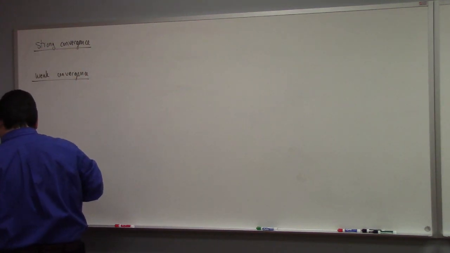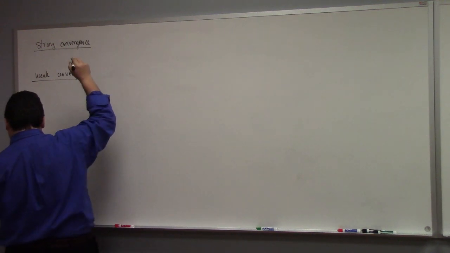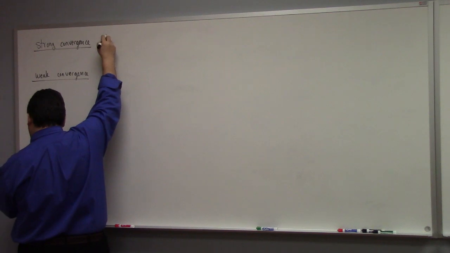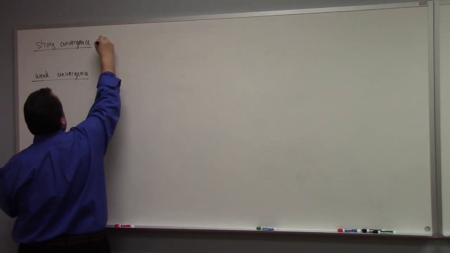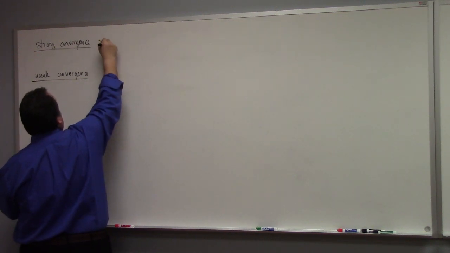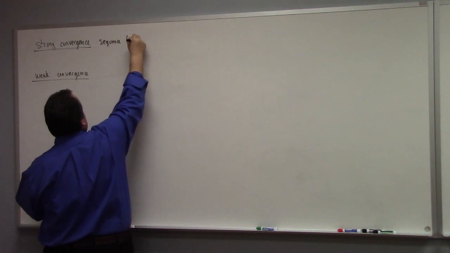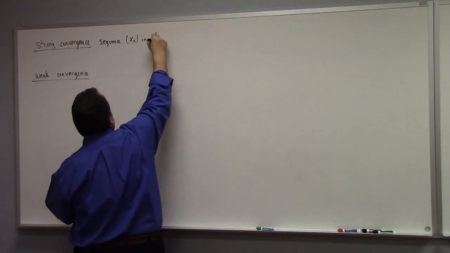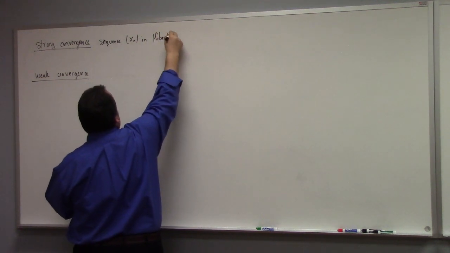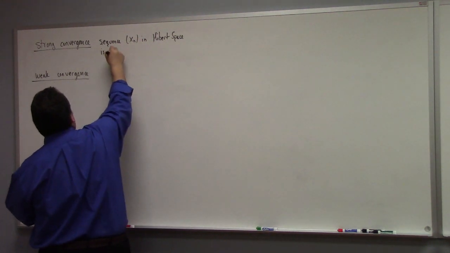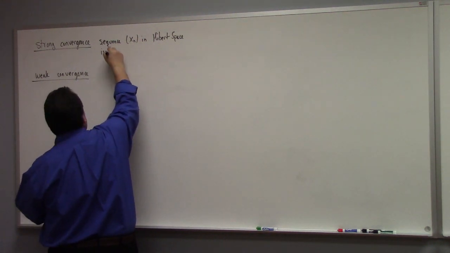So strong convergence is basically a sequence x_n in Hilbert space is strongly convergent.